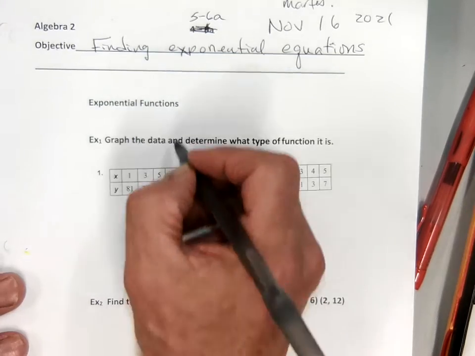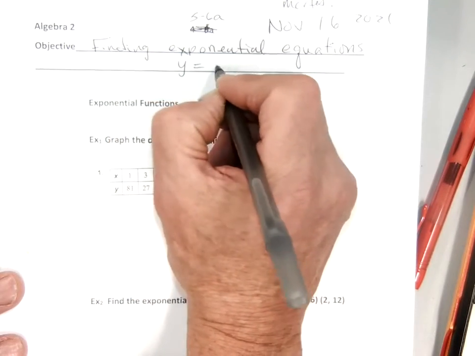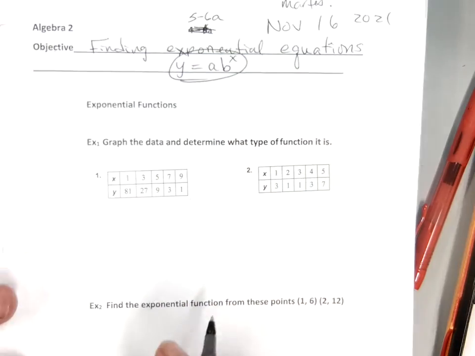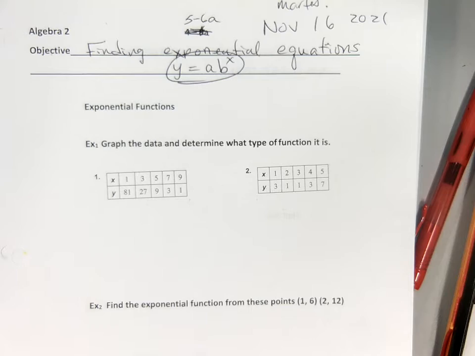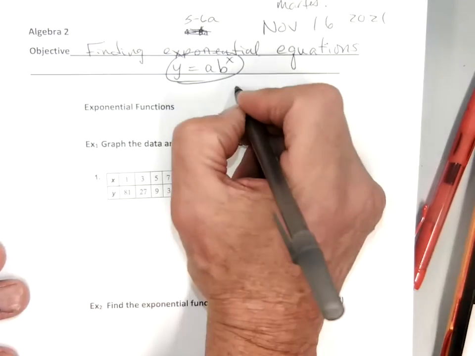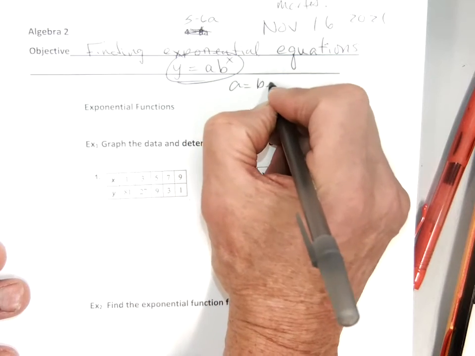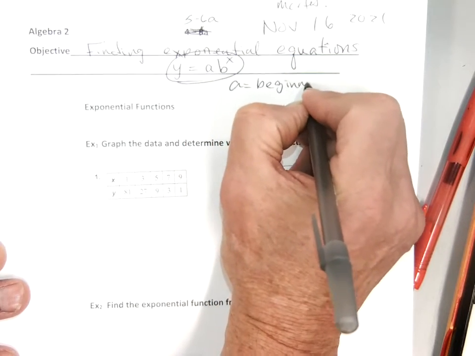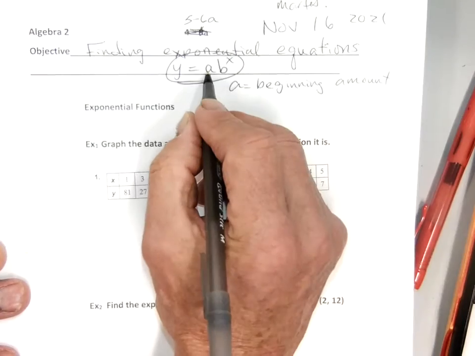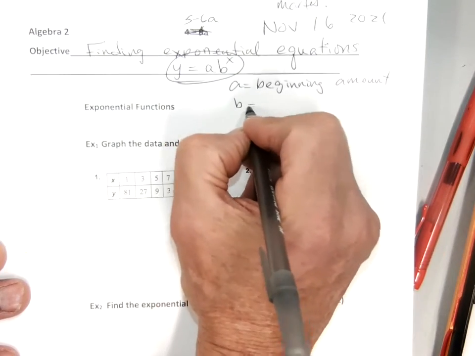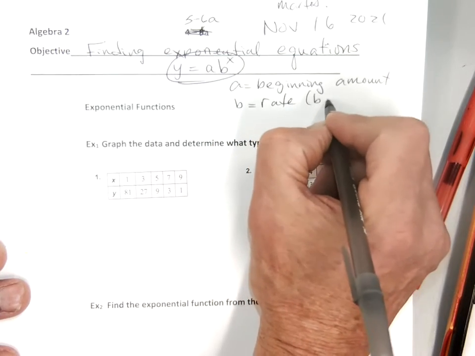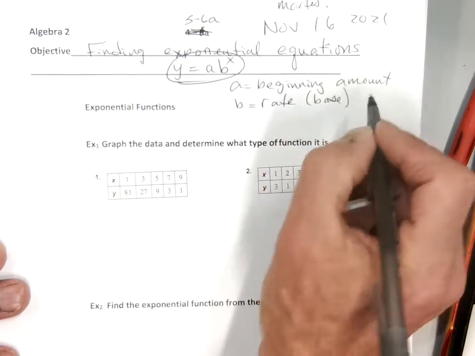The equation we're going to use is this one, y equals ab to the x. I'm going to circle that. That's the equation we're going to use throughout this whole entire lesson. So we know that a is our beginning amount. b is going to be our rate, whether you double it, triple it, half of it, or our base.